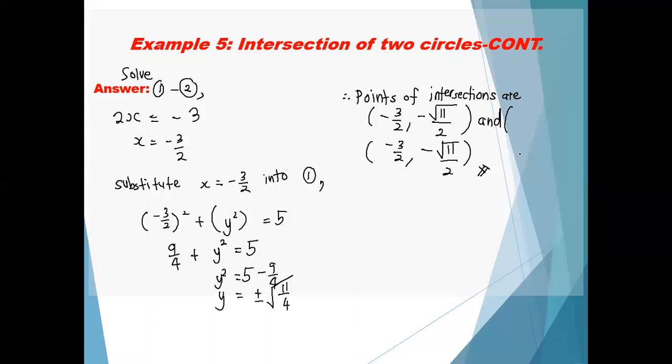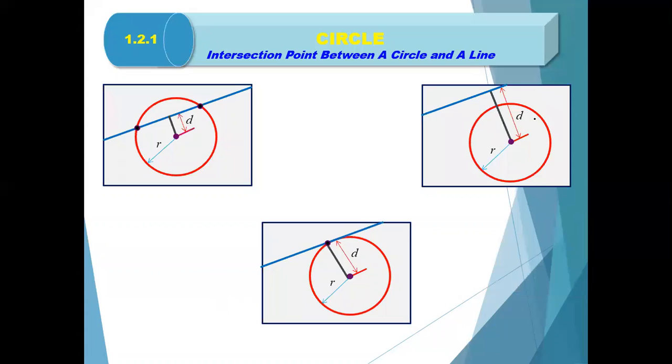Okay, now we move to the intersection point between a circle and a line. So actually the concept is more or less the same as what we learned in last week's subtopic.